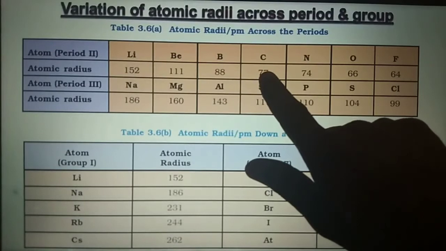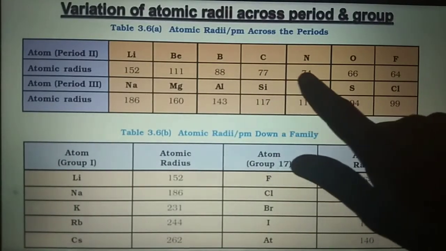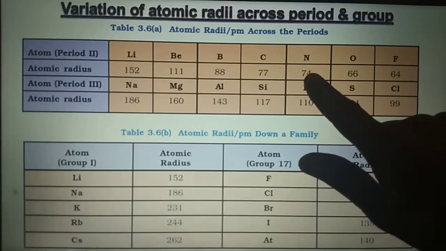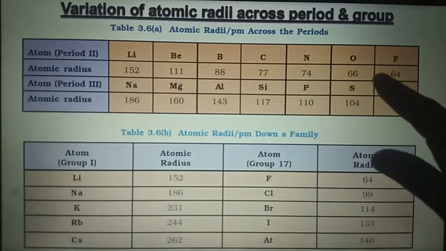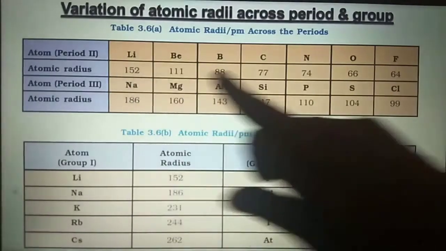From 77 to 74 it is hardly 3 units, and from 74 to 66, and then 66 to 64, there is a different variation in atomic size. We are not going to deal with the atoms individually, but we are going to study them as group properties.